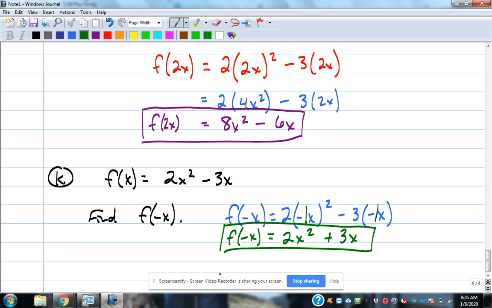So there is plugging in a -x. That's going to come in handy here the next section or two. That's one of the tests that we'll do. But being able to find that function value is important. All right.